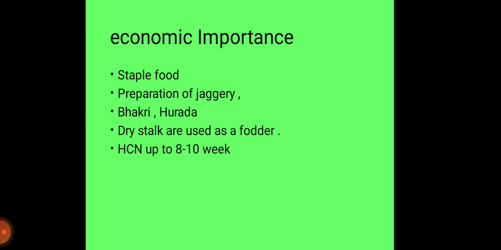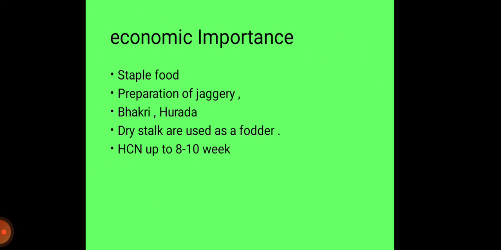It is a very important crop as a fodder source for cattle feed. Jaggery, bhakri, and hurda are prepared from sorghum. Dry stalks, the kadbi, are used as fodder for cattle or milk animals.